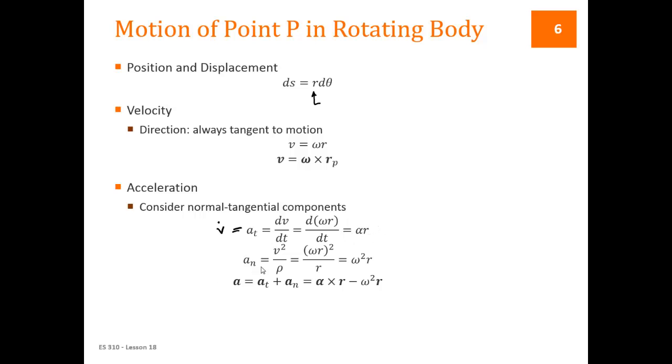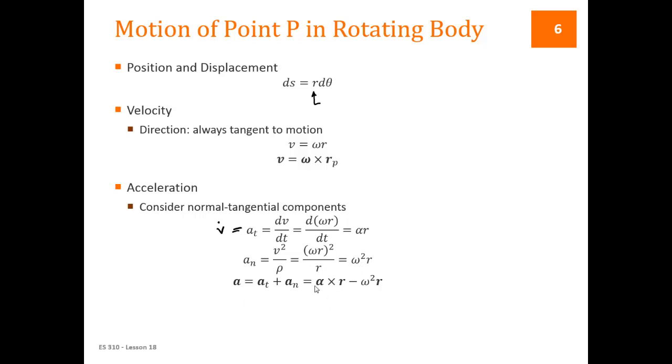The normal acceleration, if we remember back to the definition, was v squared over rho. Well, rho in this case is r, the radius of our rotation. V is omega r, so we plug that in, we get omega r squared over r. Divide that out, we get omega squared r. So our total acceleration is the sum of those two parts.